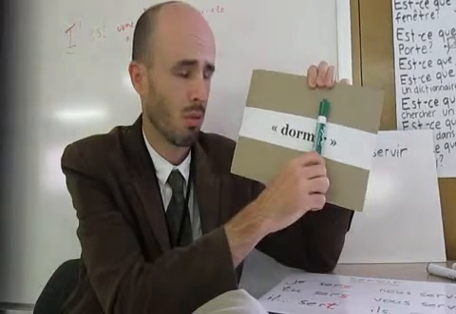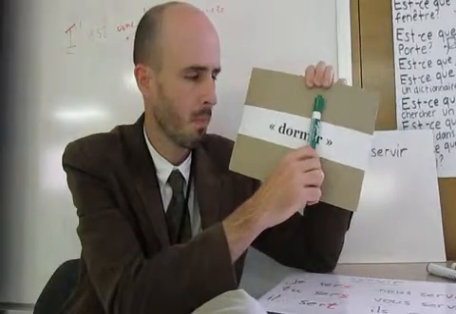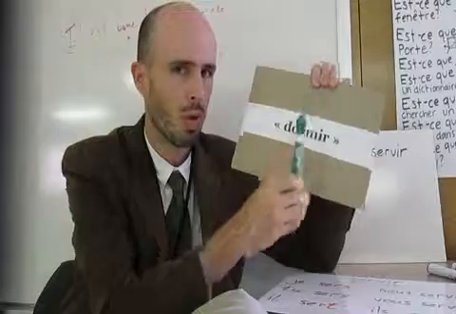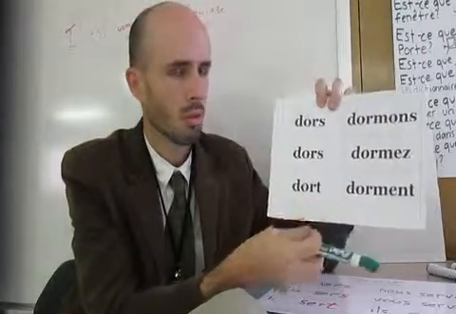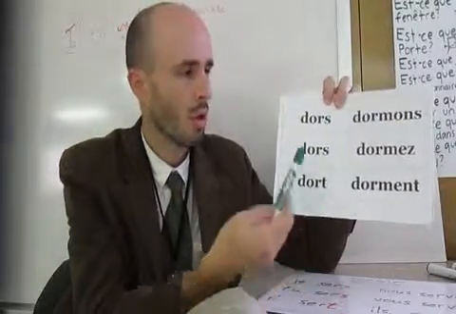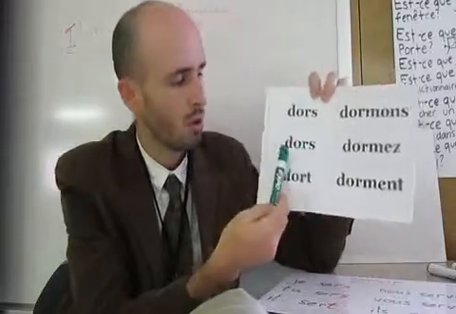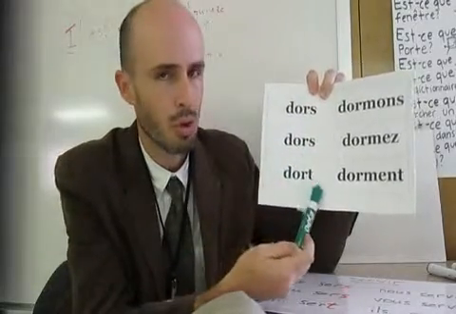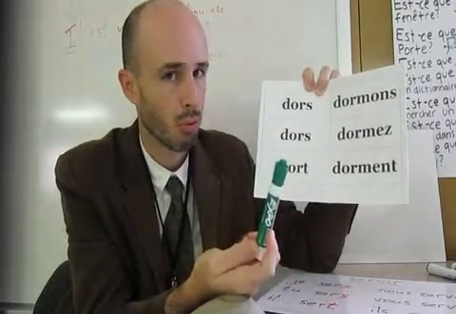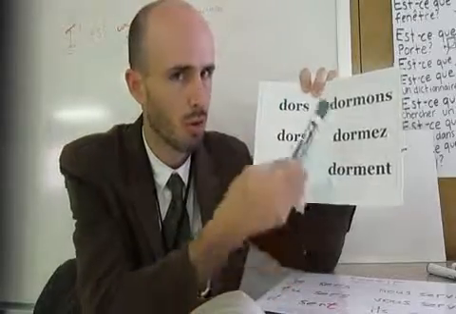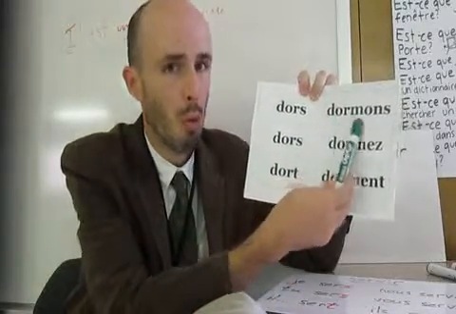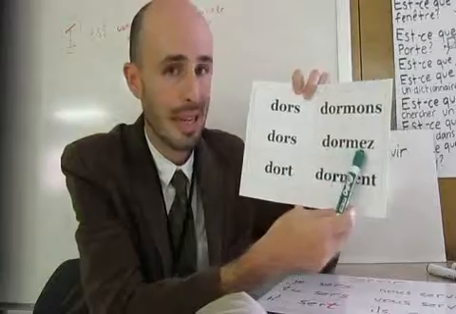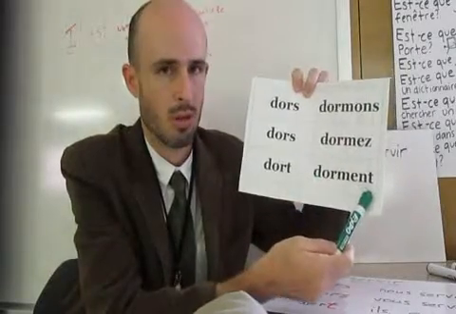Can you imagine that? In singular forms, you'd have je dors, tu dors, il dort. In the plural forms, all you do is drop off the IR and add the endings: nous dormons, vous dormez, ils dorment.